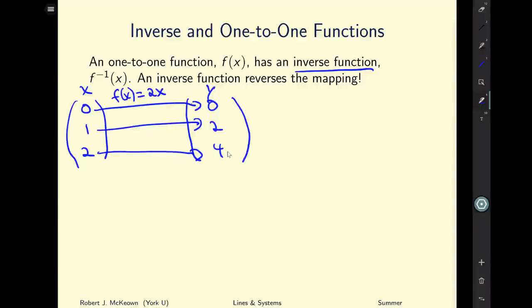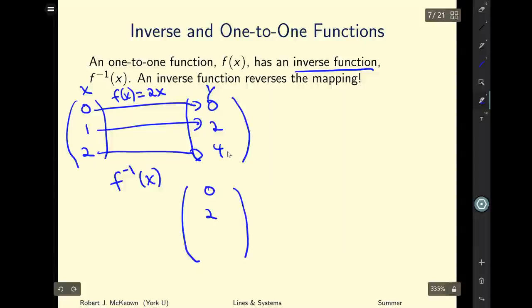Now let's consider the inverse. So if we have the unique inverse of this function, then it's essentially just going to reverse the mapping.